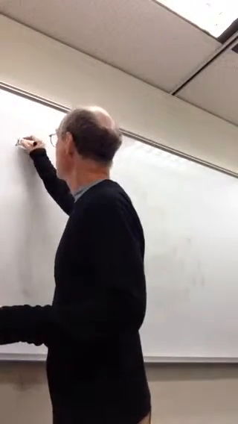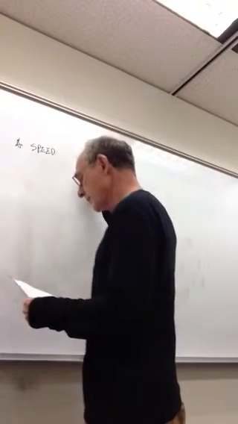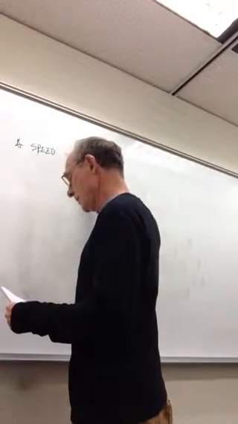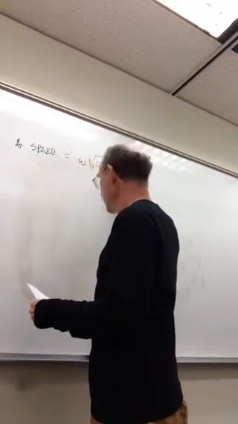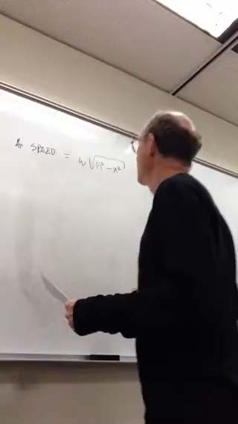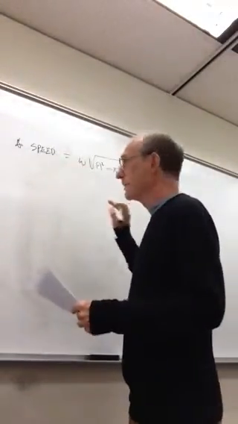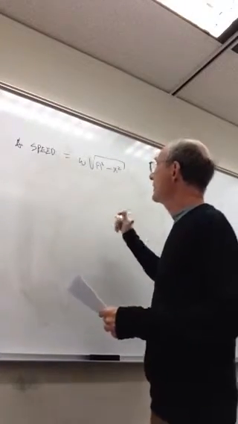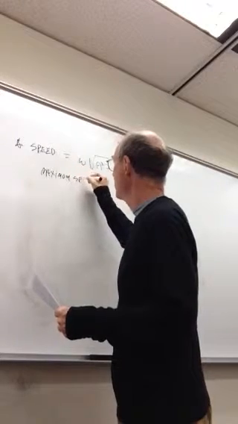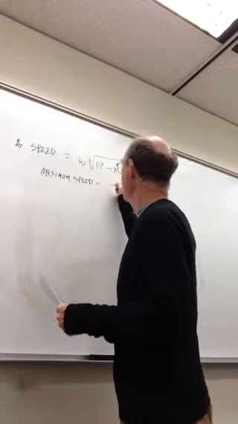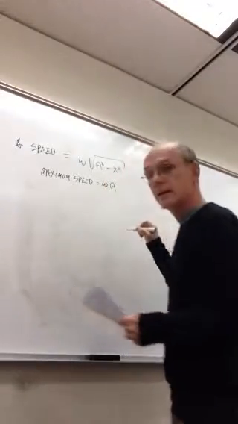So the first result is that the speed of the mass is equal to omega times the square root of A squared minus x squared. Never mind how you get that, that's a different question. But we can see that the maximum speed has to be omega times A. Why is that?